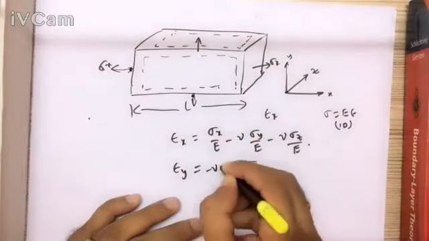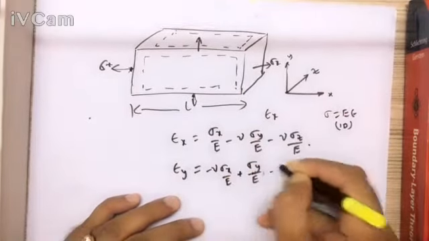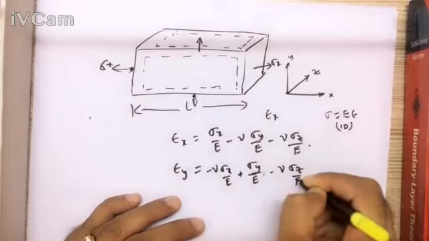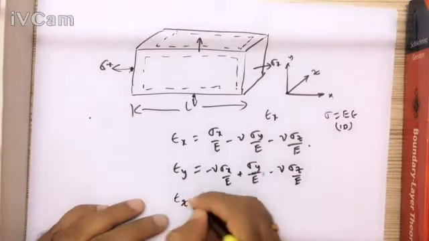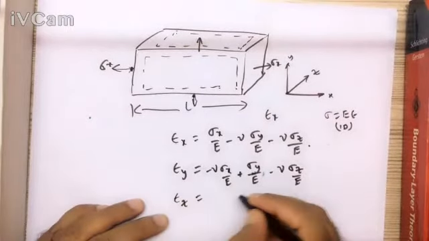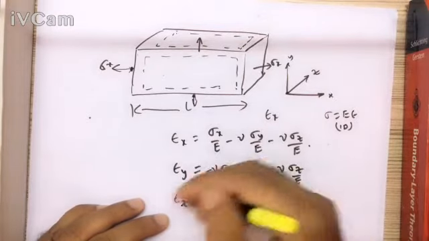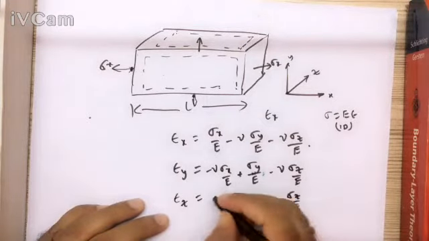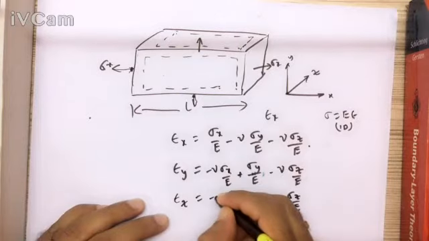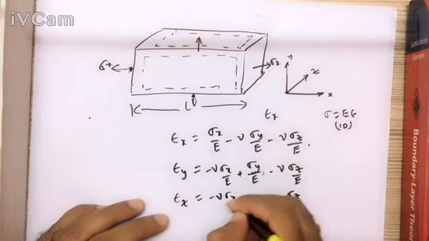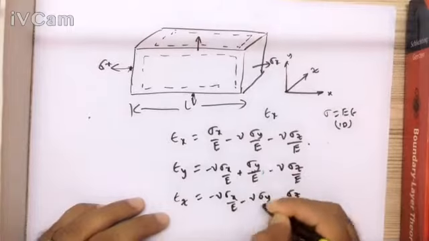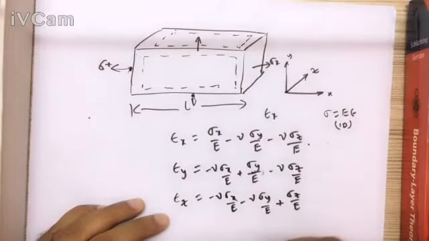So minus nu into sigma x by E minus nu into sigma z by E. What about epsilon z? Yes, you will have positive term sigma z by E, and you have negative strains in other two directions. What is that? Minus nu into sigma x by E minus nu into sigma y by E. Right?